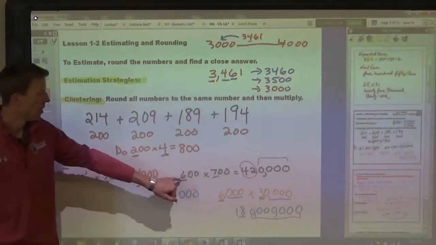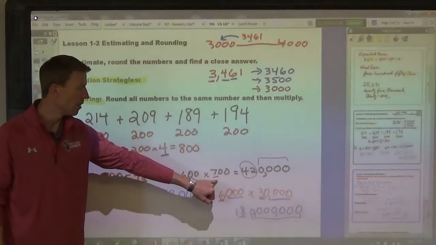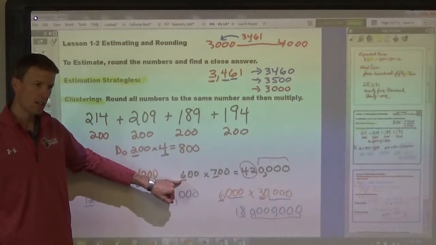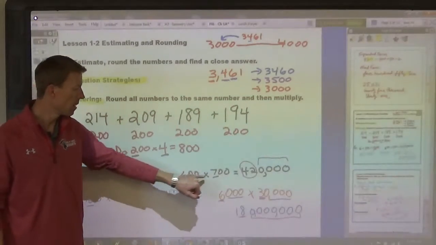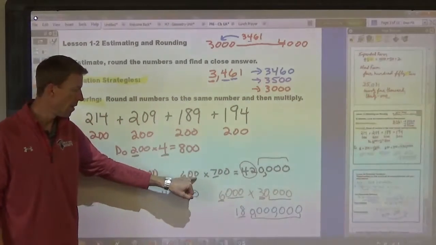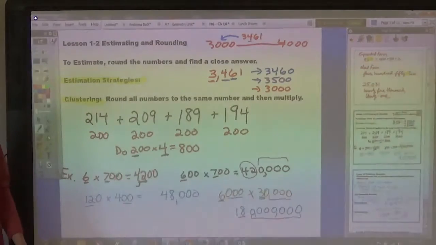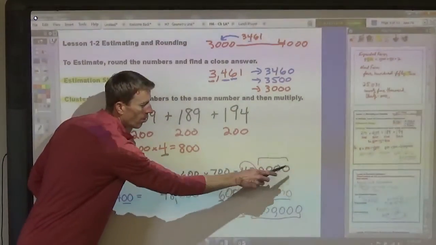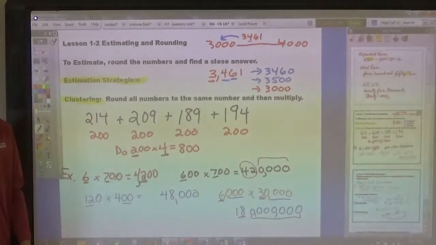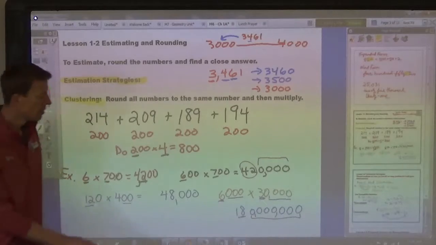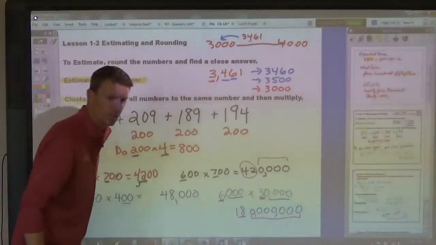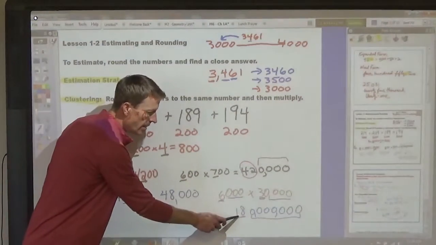Look at this example. 600 times 700. 6 times 7 is 42. And then there are a total of 4 zeros in these numbers. So we put all 4 zeros into the answer. Okay? It's that simple. 6,000 times 30,000. 6 times 3 is 18.